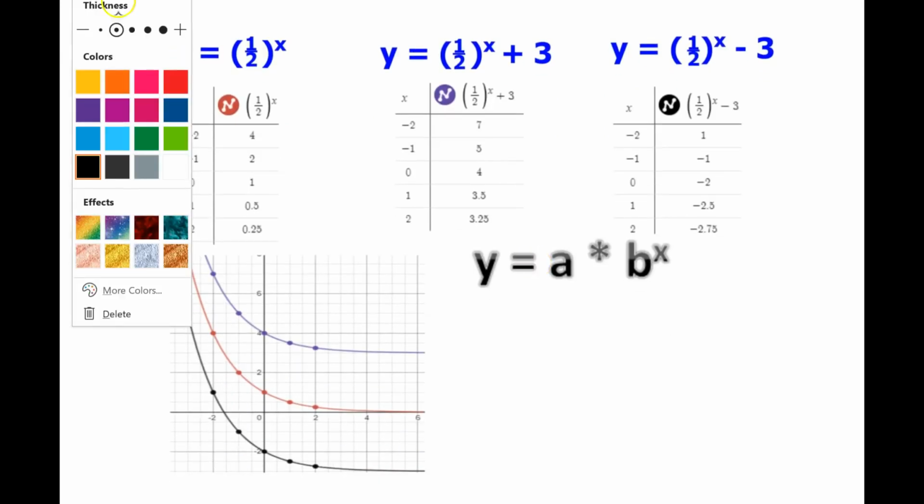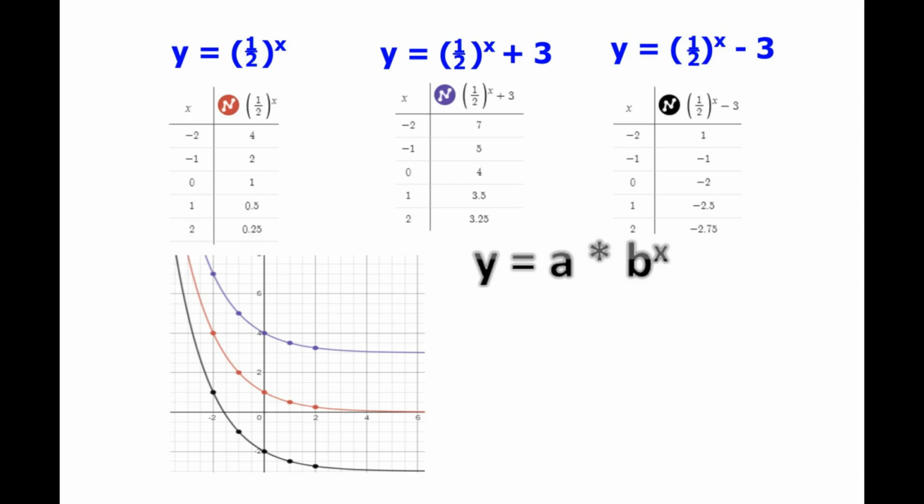So here is something that is very, very evident. The first function is y is equal to 1/2 to the x power. So why don't I have a negative sign? We're going to see later what the negative sign does. In linear functions, when we have a negative sign, it flips it. So rising to the right is a positive slope, and rising to the left will be a negative slope.